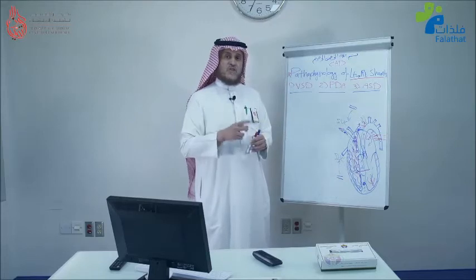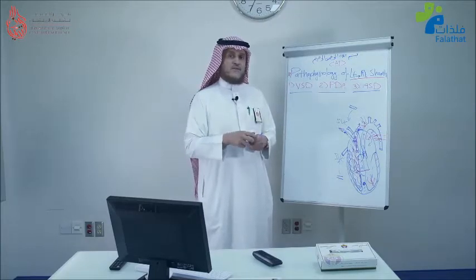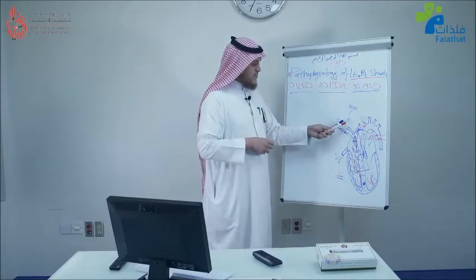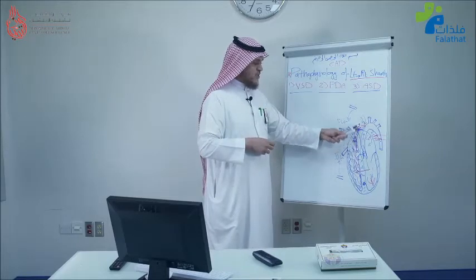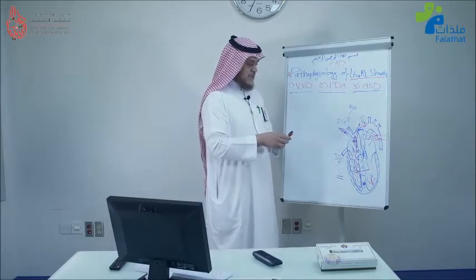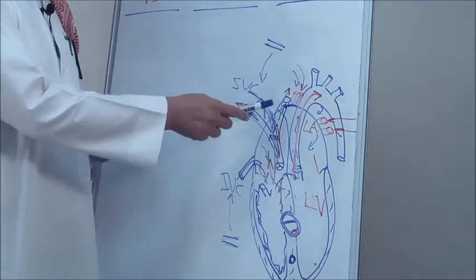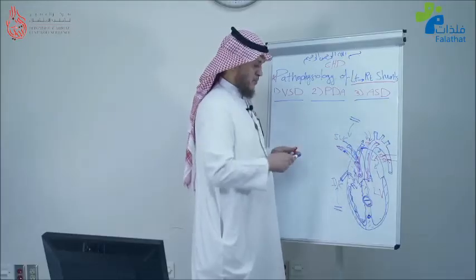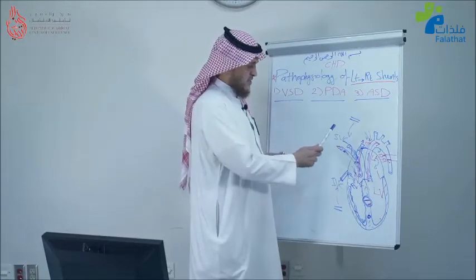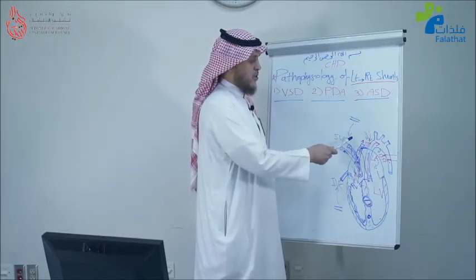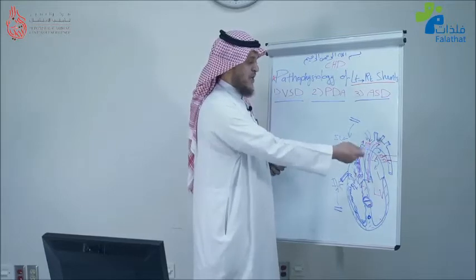And we said before that the shunt depends on the pressure and the resistance, so when the patient develops fixed severe pulmonary hypertension, now the resistance and the pressure are higher on the right side than on the left side.